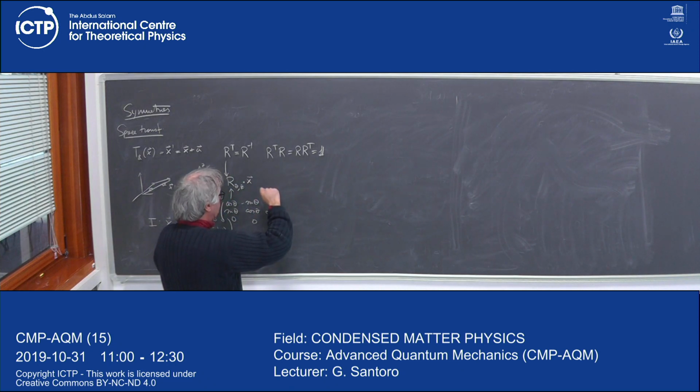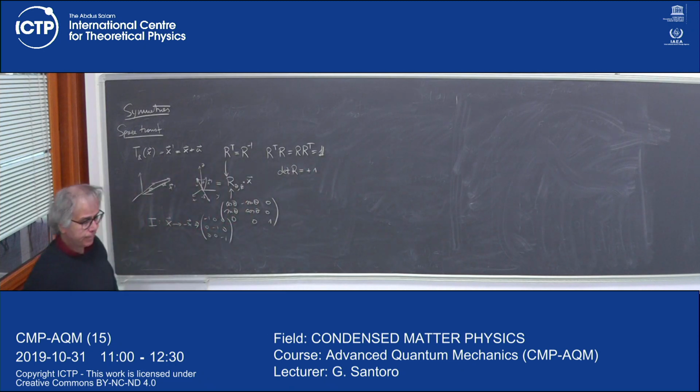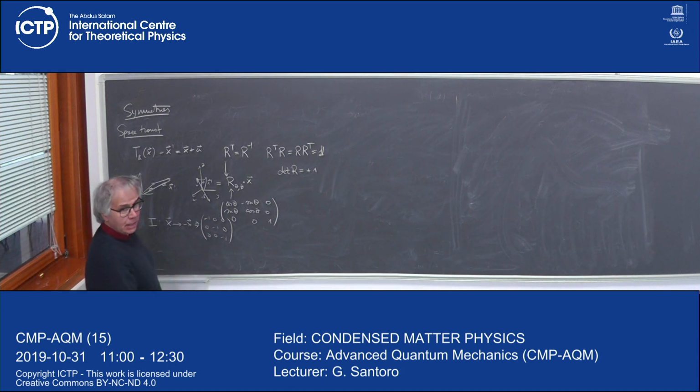Notice this object here, the rotation matrix, has determinant equal to plus 1. If you check the determinant of this object, you will see it's plus 1. On the contrary, this object has determinant minus 1.